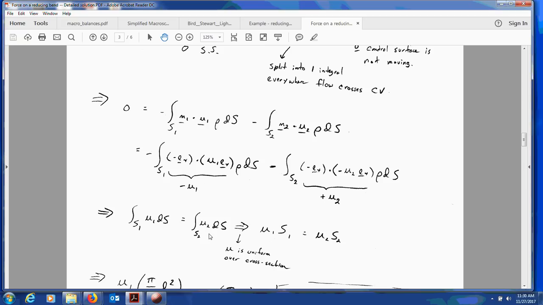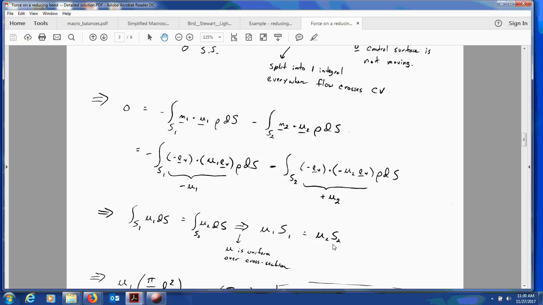Since the velocity is uniform over the cross-sectional areas of the pipes, the integral of the velocity over the cross-sectional area is simply the product of the cross-sectional area and the velocity. So the integral of u1 dS over S1 becomes u1 times S1. S1 is the cross-sectional area at position 1.